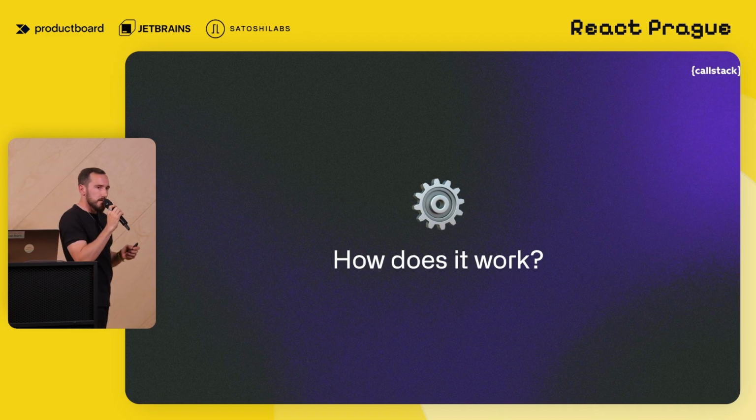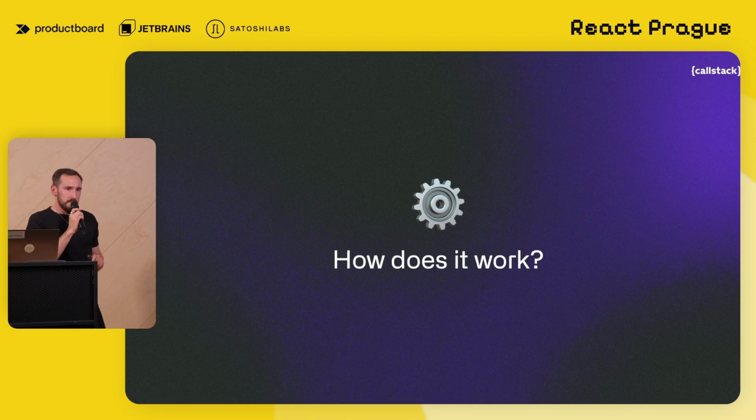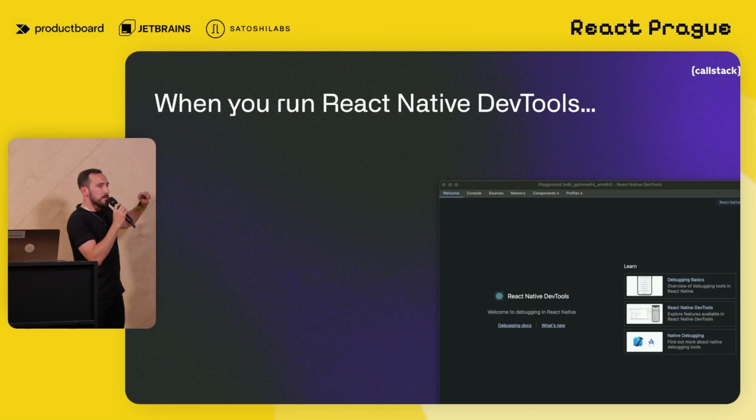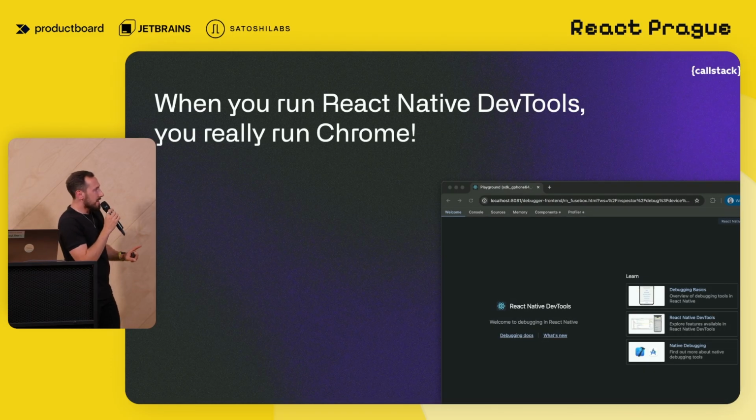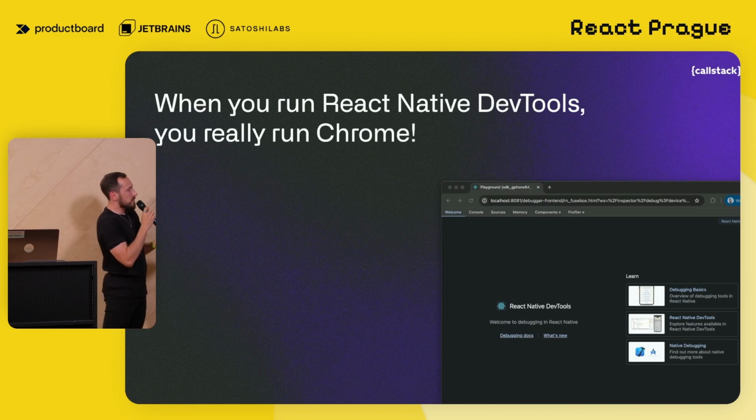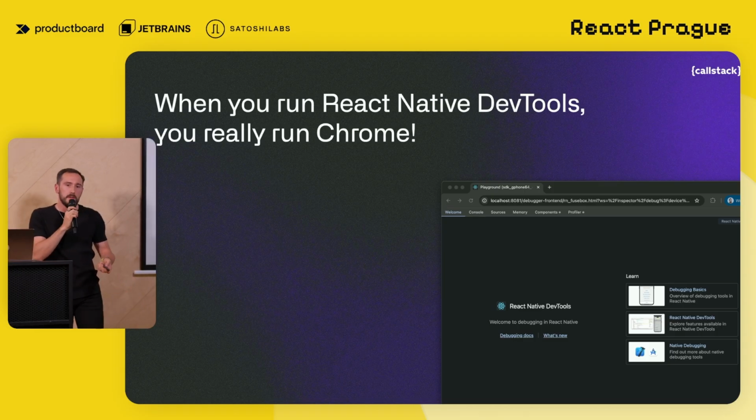And now the most interesting part. How does it work? Because, surprise, surprise, I'm not forking anything. There's no fork included. I'm using the React Native DevTools UI shipped with React Native itself. We need to start with a simple fact. If you run React Native DevTools, you don't see it, but it's a browser, and there is a URL opened in this browser serving the UI.